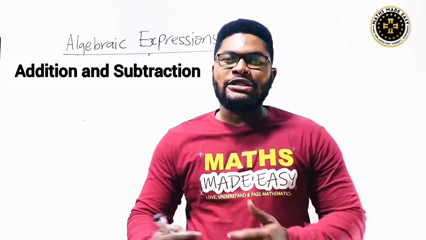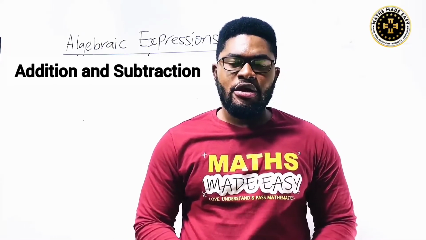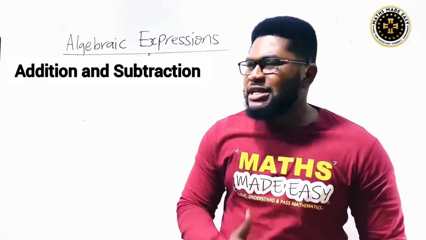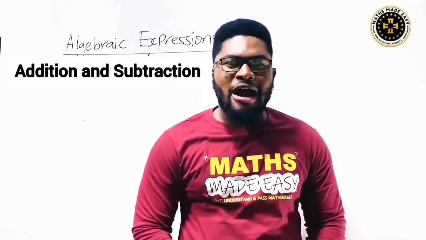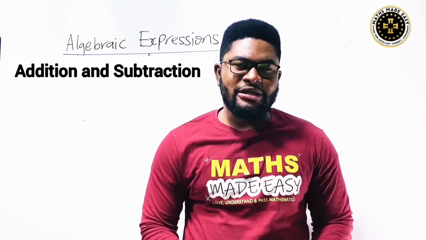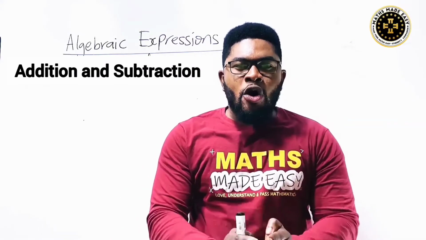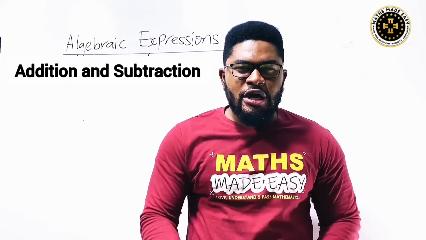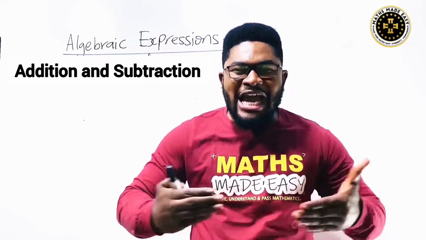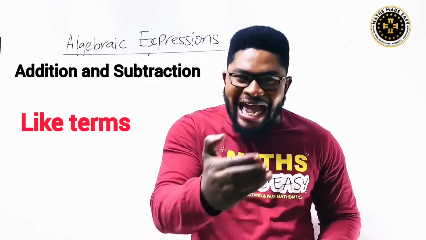It could be the two. Don't forget, from the previous lesson, we discussed that addition and subtraction are called operational signs or algebraic operational signs. If you want to add or subtract algebraic expressions, please note the following. You must make sure that your terms are like terms.